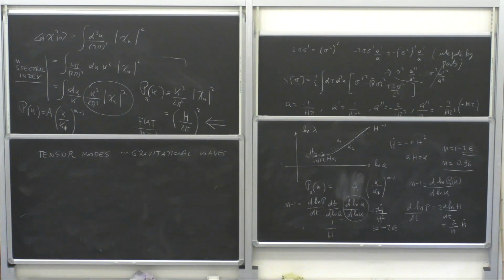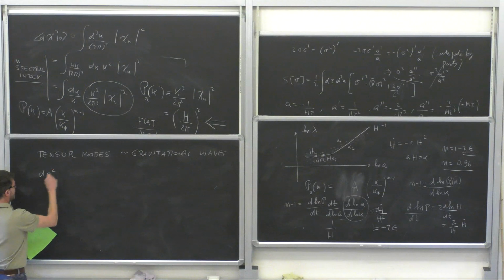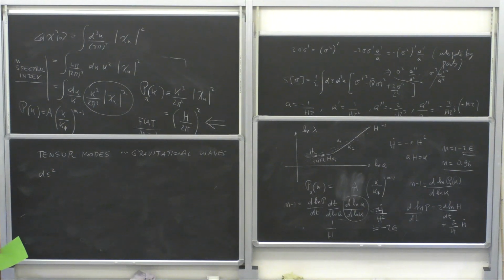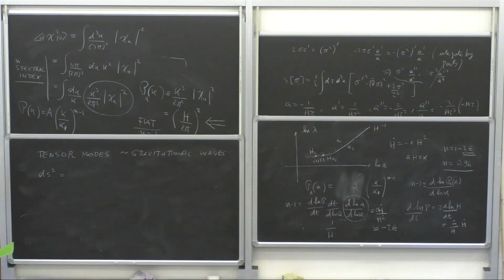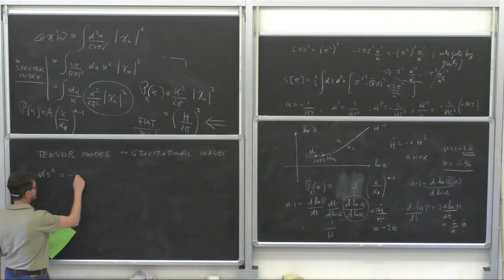So how do you define the gravitational wave? If you have taken a GR course, those are the fluctuations that have 2 degrees of freedom, because they are transverse and traceless. So I write the metric in this way.